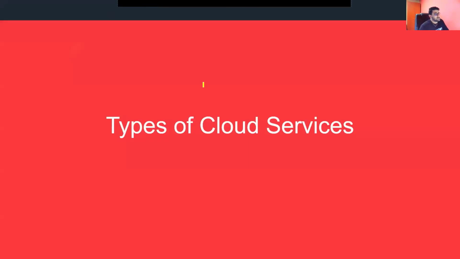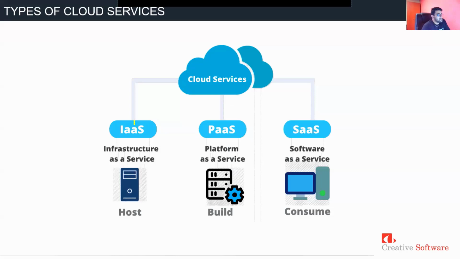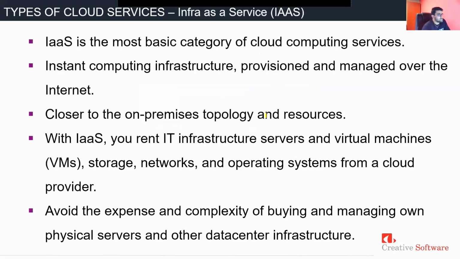So let's talk about types of cloud services. Mainly there are three types: infrastructure as a service, platform as a service, and software as a service. Apart from these three, now there are DB as a service, container as a service, like that. Infrastructure as a service means the cloud provider is providing you infrastructure like virtual machines and storage.